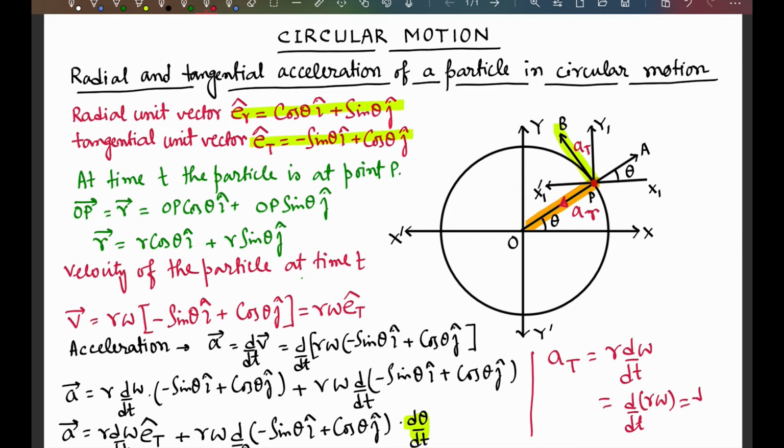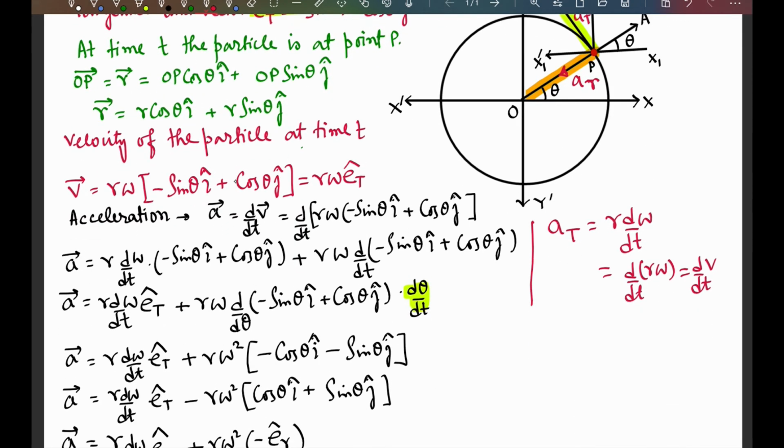This is d/dt of v. Whenever the particle is moving with constant speed, v is equal to constant. Therefore, a_t, the differentiation of speed with respect to time, is also 0. So whenever the particle moves with constant speed in circular motion, the tangential acceleration is 0.